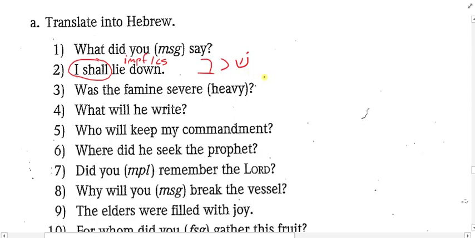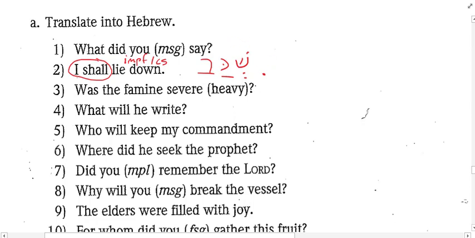So if it helps you to do this, you can always come up with the regular imperfect, which is yishkov. Now, you might have been thinking yishkov, but there's a reason that I put the pathach here, and it's because in your vocabulary list at the bottom of page 146, the imperfect of shakav is yishkav. He's giving you the imperfect 3ms, yishkav, and it has an A-class theme vowel. Now I need to just change this 3ms to 1cs, which means I have to switch out the yod for another letter.